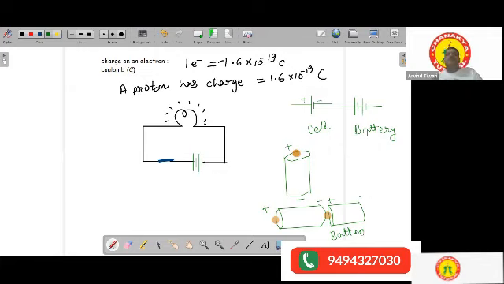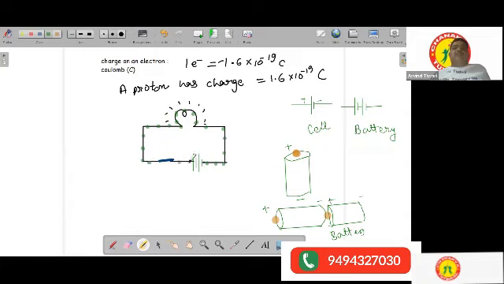The electrons from the negative terminal of the cell travel through the wire. They travel from the negative terminal of the battery towards the positive terminal through the wire. When they travel through the wire, they will cause the electric bulb to glow.